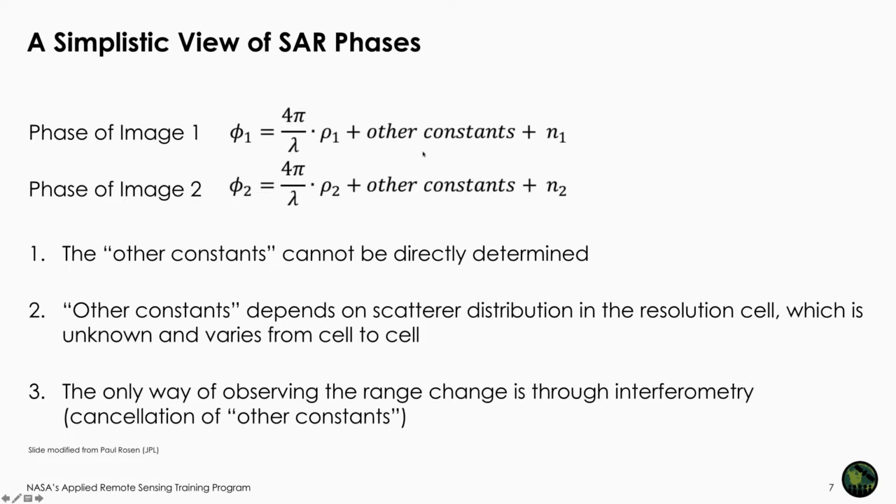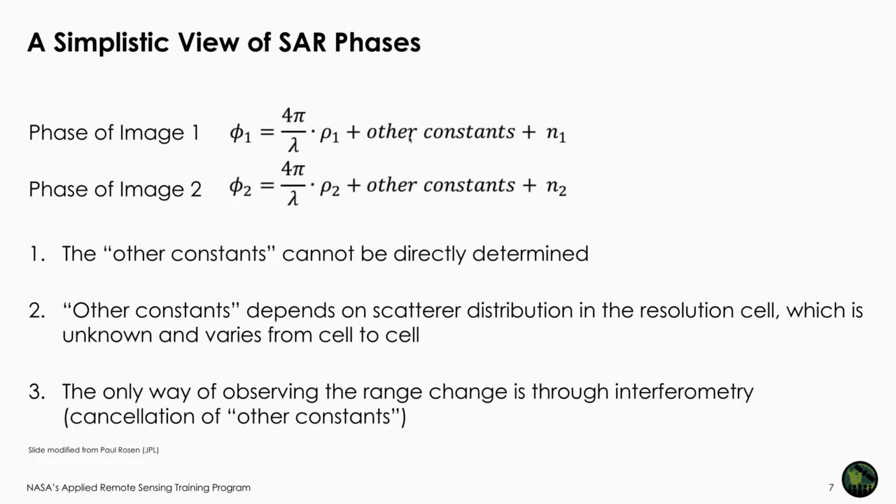And then there are these other constants. Those other constants include the distribution of scattering within the pixel, and that's unknown from one pixel to the next. But if the ground stays almost the same between the times that you take the two radar images, when we subtract the phase of image 1 from the phase of image 2, these other constants are canceled out.